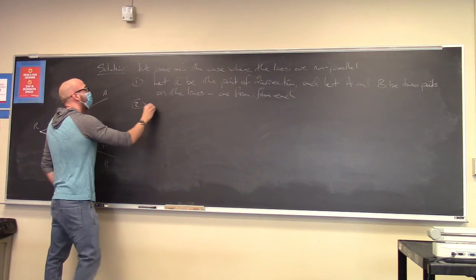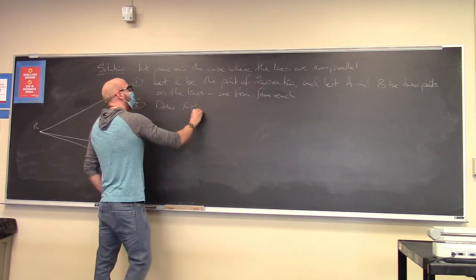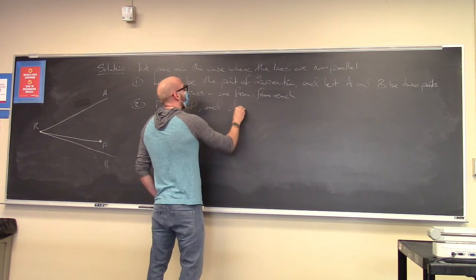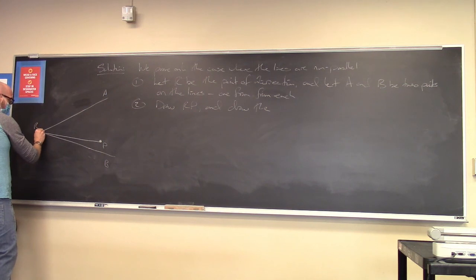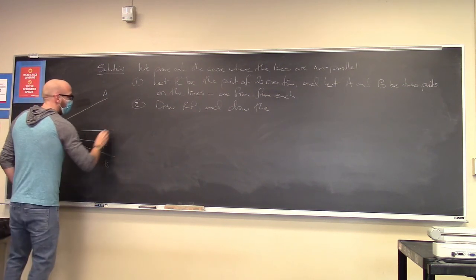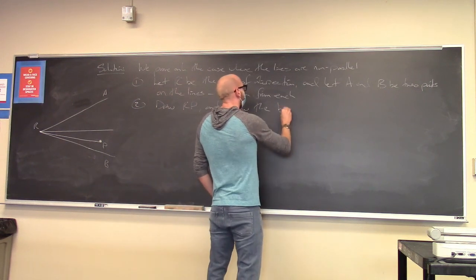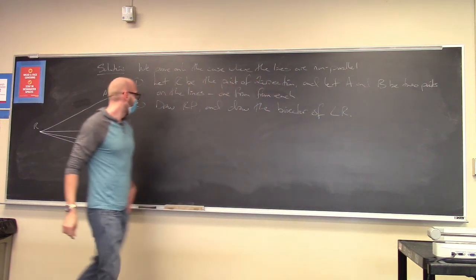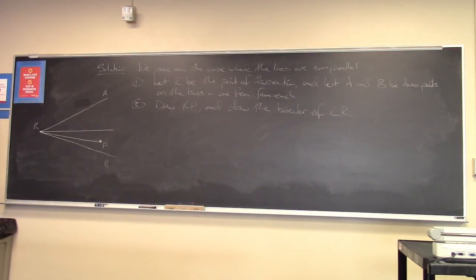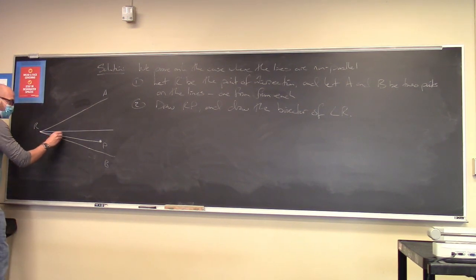So step 2, draw RP and draw, we know how to bisect angles. So let's bisect angle R. And draw the bisector of angle R. Next up, we're just going to choose any old point on the bisector.